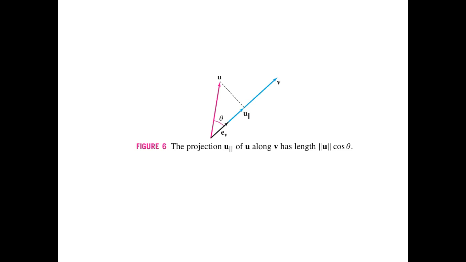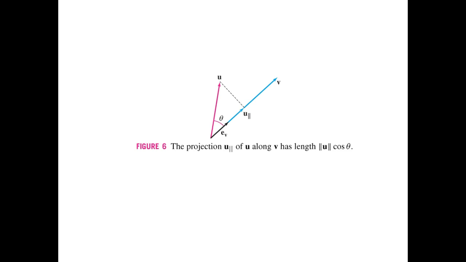Okay, let's also look at this. Think of what this is telling us. Here is U, and this is U parallel, the projection of U onto V. Here's that angle, theta, in between.